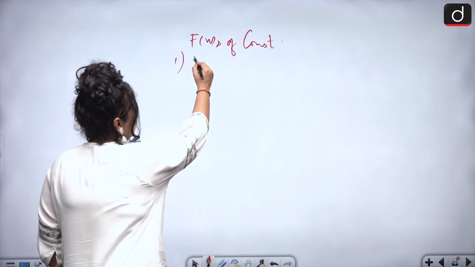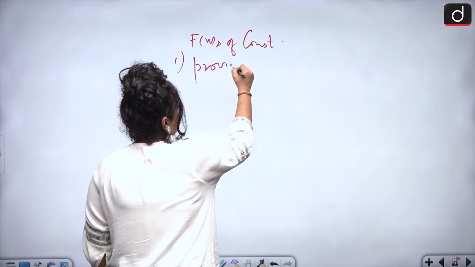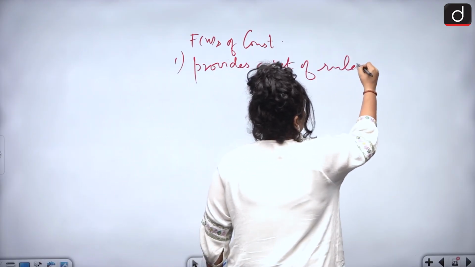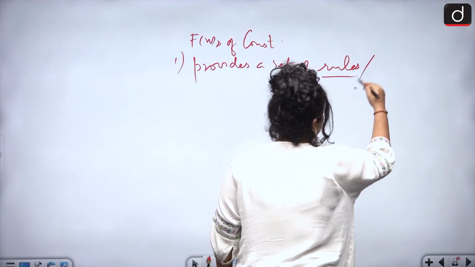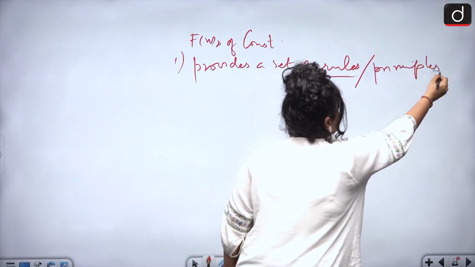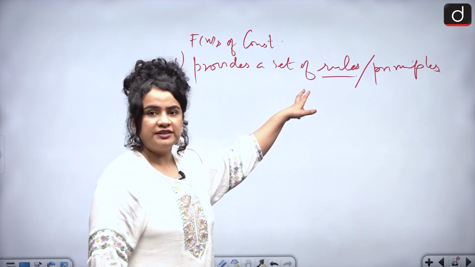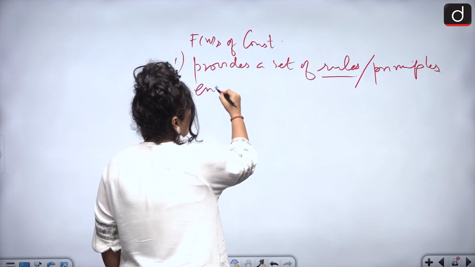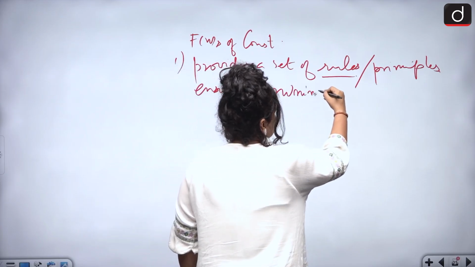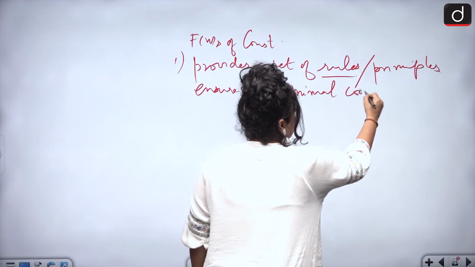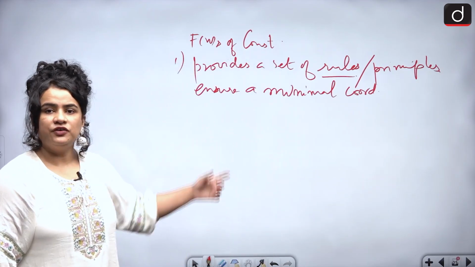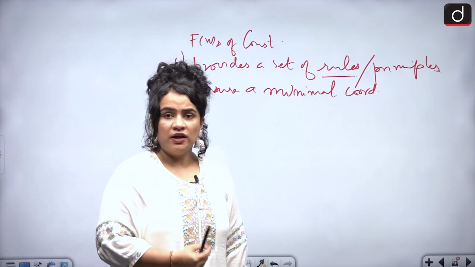Of course, it provides a set of rules or principles to govern or constitute a state, which means these set of rules or principles ensure a minimal coordination in the society among different members of the society. All right, this is the very first function of the constitution.